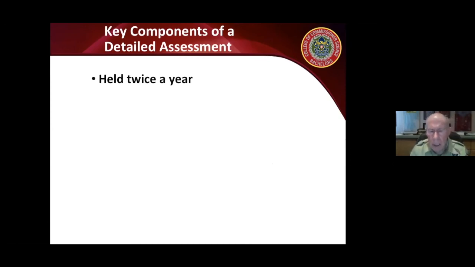This collaborative assessment or key effort here needs to be held twice a year. A great time for this is recharter time.